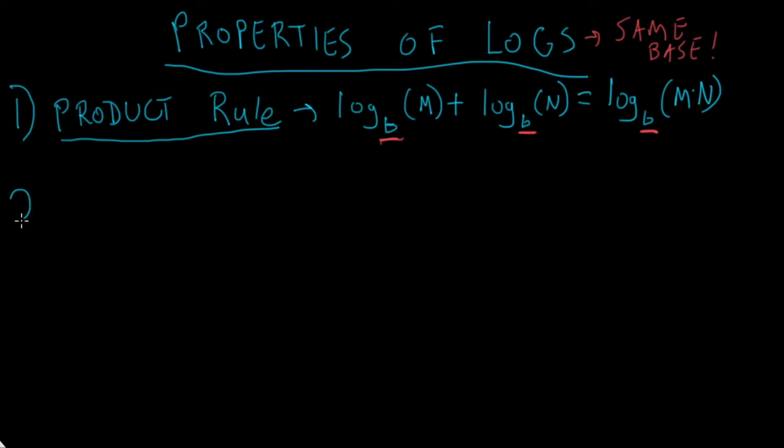Our second property is what we call the quotient rule. Now you can probably guess what this is going to be based on our last example.